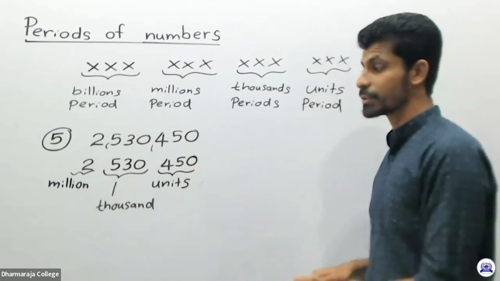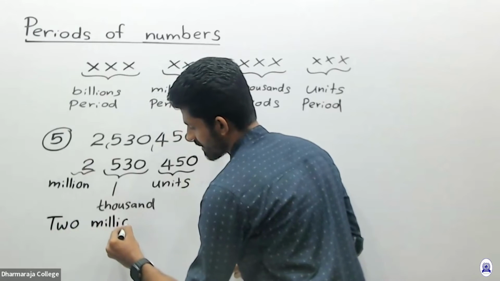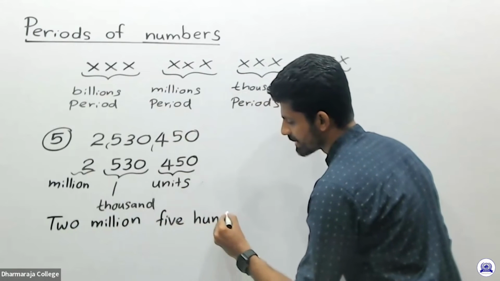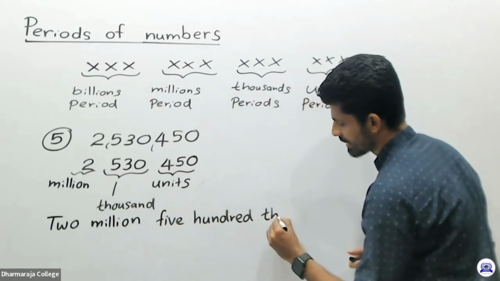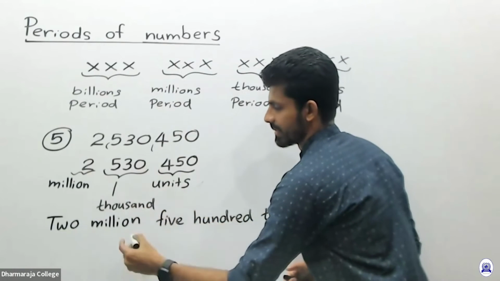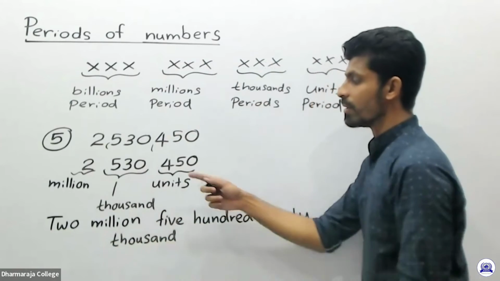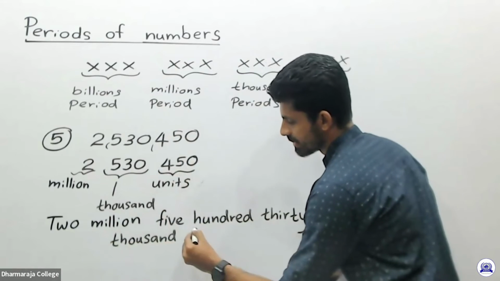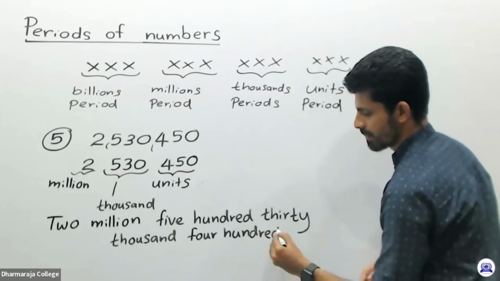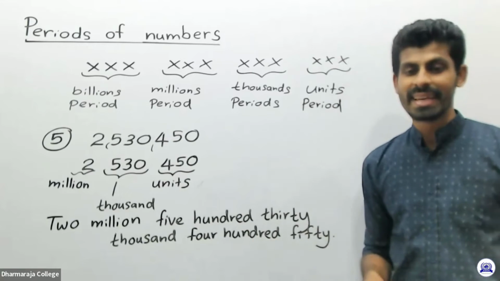Just quickly note it down. 2 million 530,450. Easy.